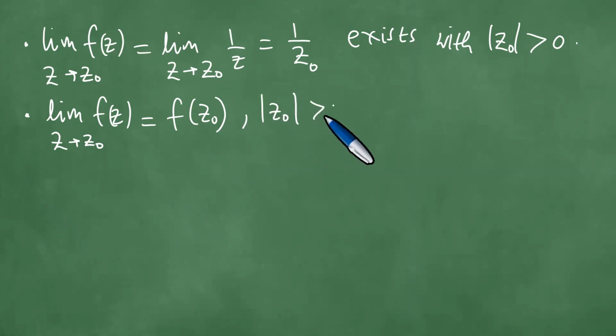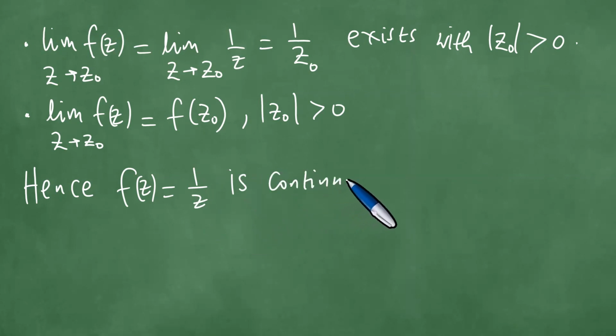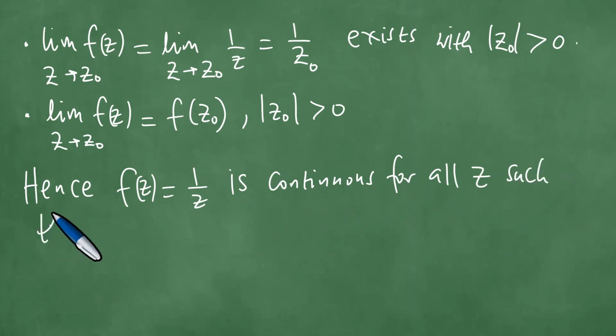Hence, f of z equals 1 over z is continuous for all z such that the modulus of z is strictly bigger than 0.